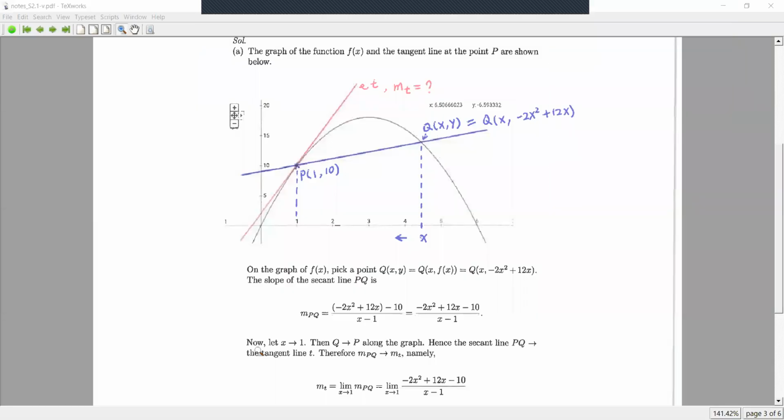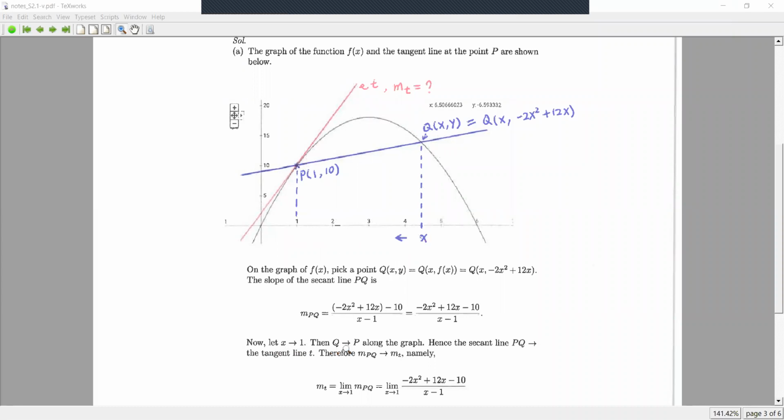Okay, now I let x approach the point 1. X is here. The point 1 is here. Now I move x toward the point 1. As I move x toward the point 1, the point Q will approach the point P along the parabola.